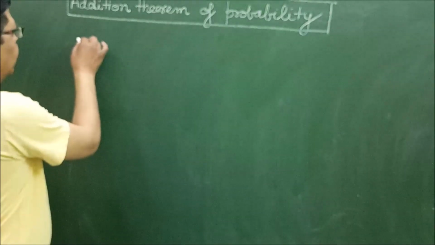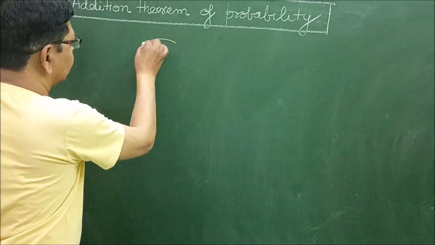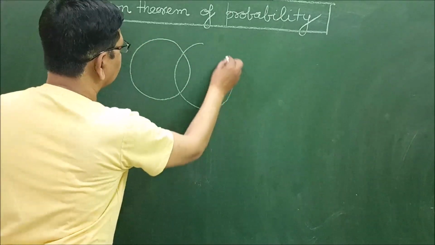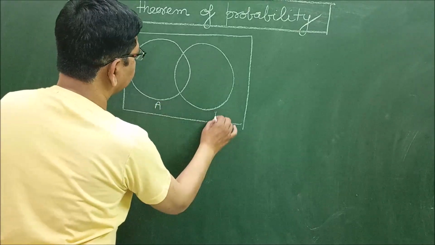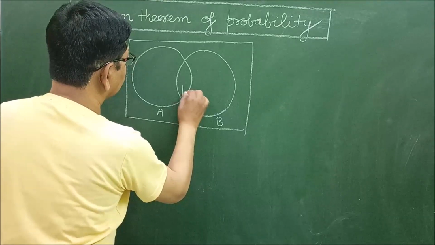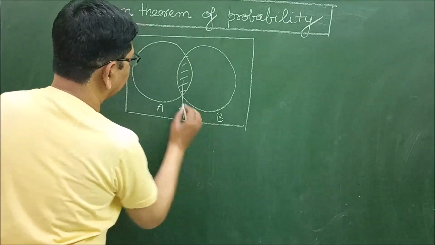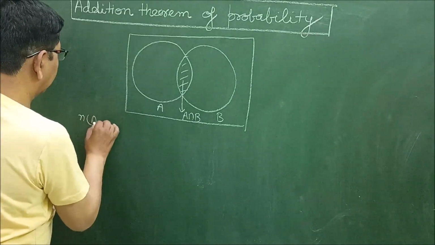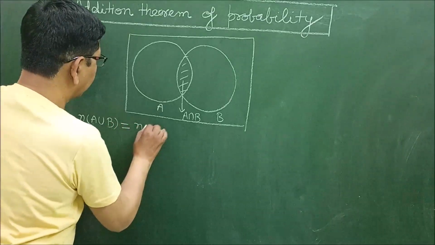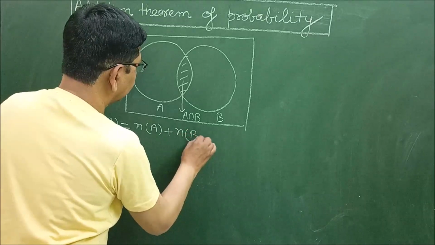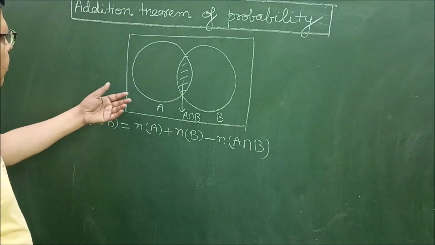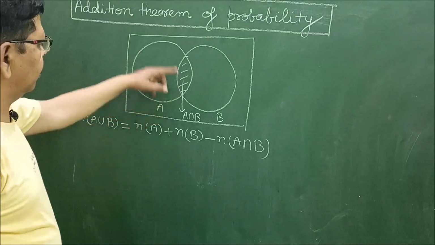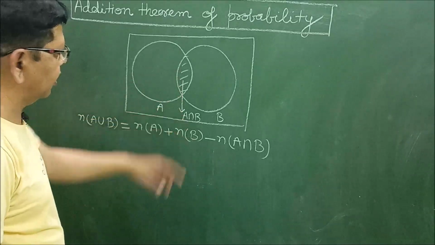Suppose two events are joined with the word or, A or B. Now in sets, you know, if there are two sets A and B, and this is the region A intersection B, you are all familiar with this formula: n of A union B is equal to n of A plus n of B minus n of A intersection B. These events consist of some elements which are contained in set A, set B, and the common elements are A intersection B.